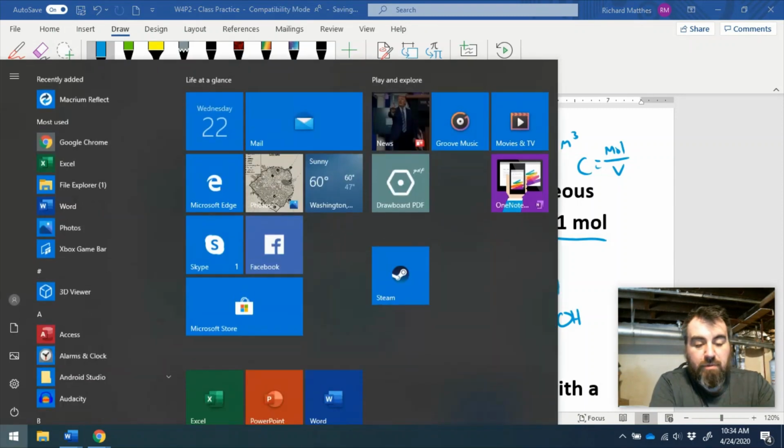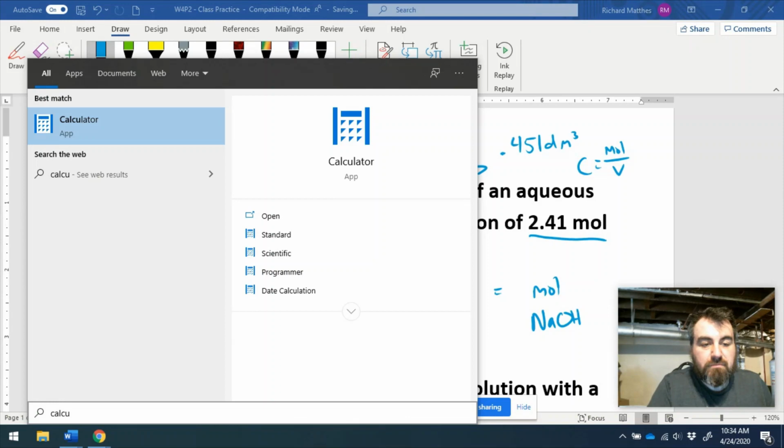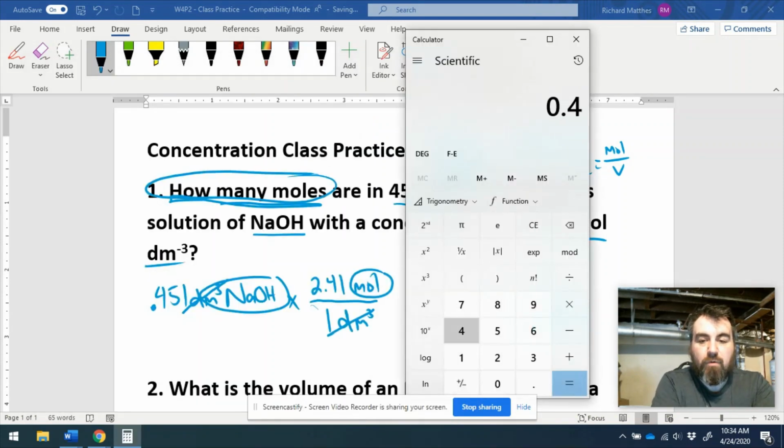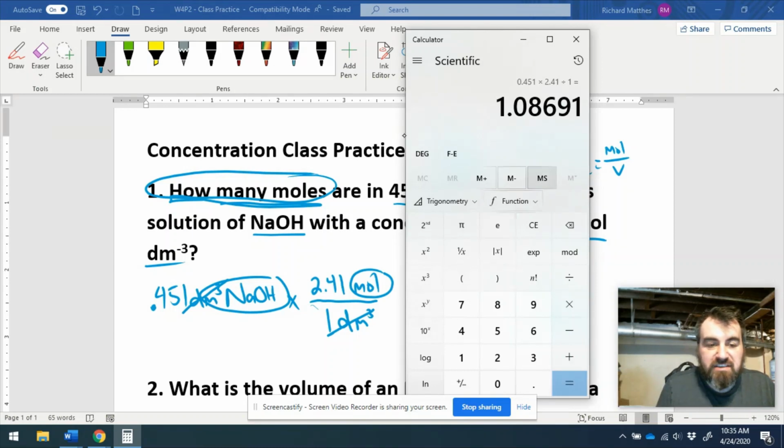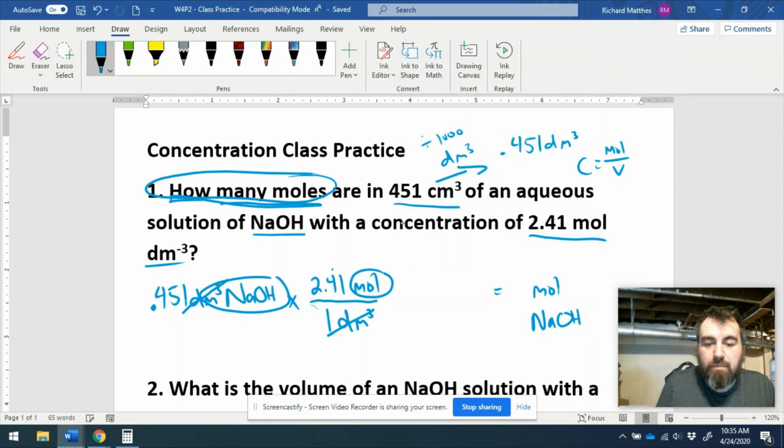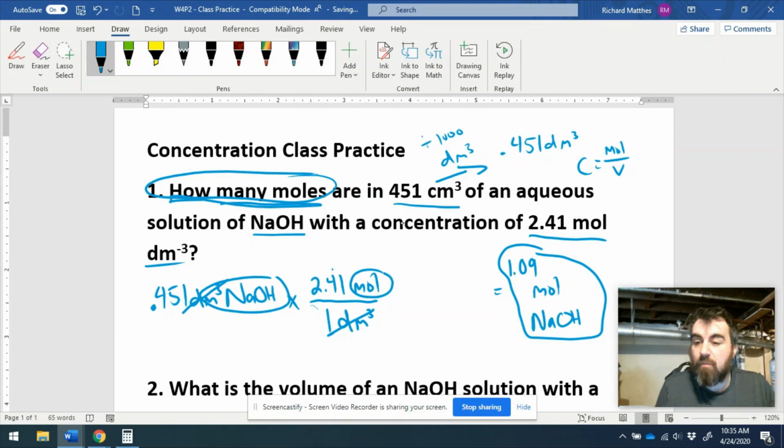So we pull up the calculator and we say 0.451 times 2.41 divided by 1. And it gives us 1.0869, 3 sig figs. We just say 1.09 moles of NaOH. Okay, so that's our moles of NaOH.